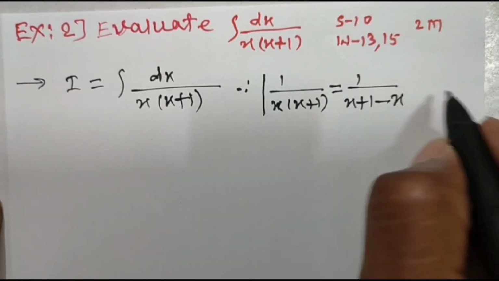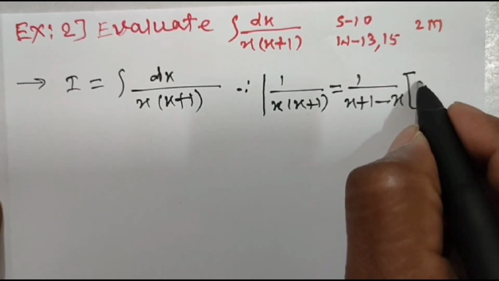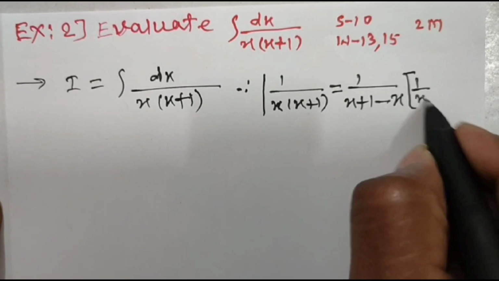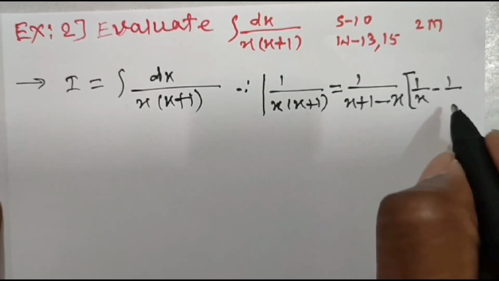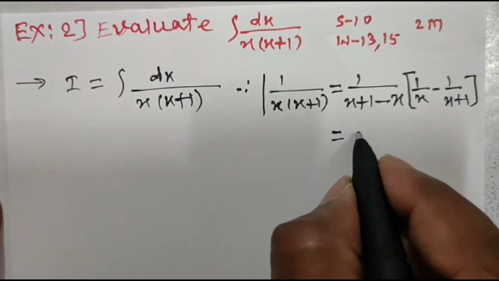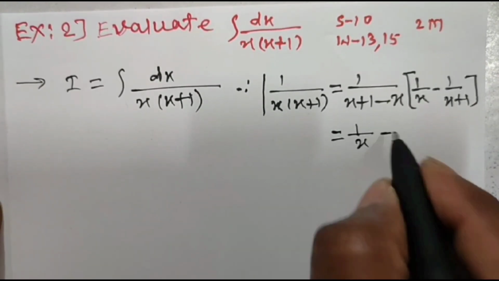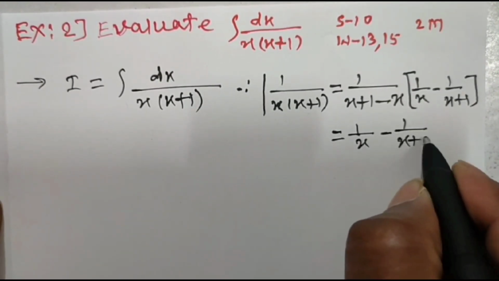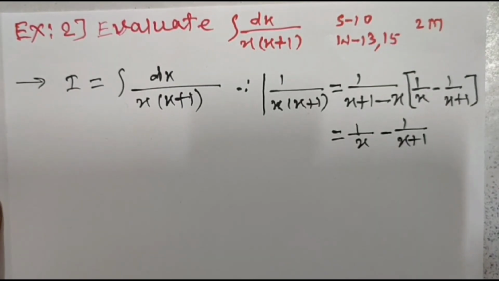X plus 1 minus x into bracket 1 upon first linear factor minus 1 upon second linear factor. Then this is equal to, we can write 1 upon x minus 1 upon x plus 1. These are partial fractions of the given fraction.